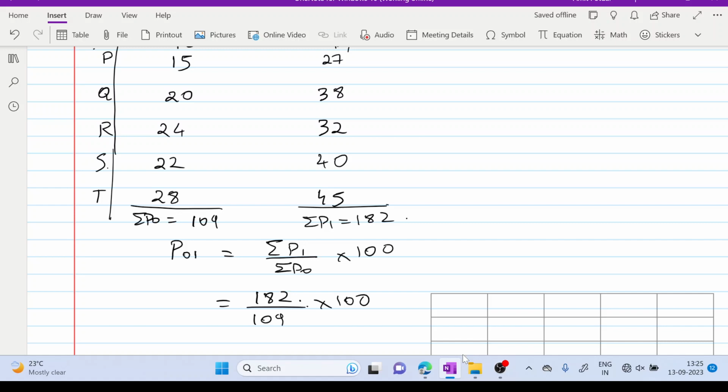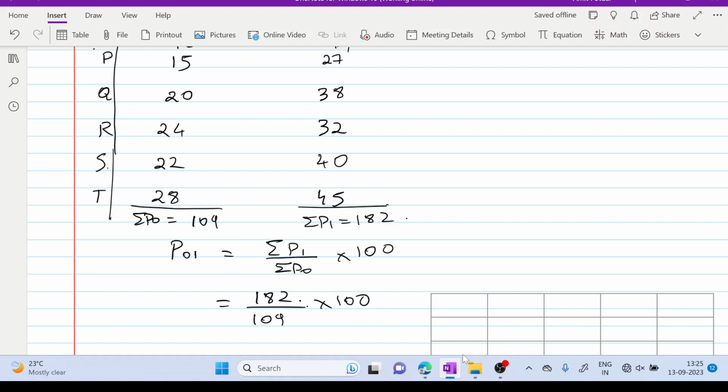Index number. So first is the simple aggregate price index number. The formula for the simple aggregate price index number is summation P1 upon summation P0 into 100.